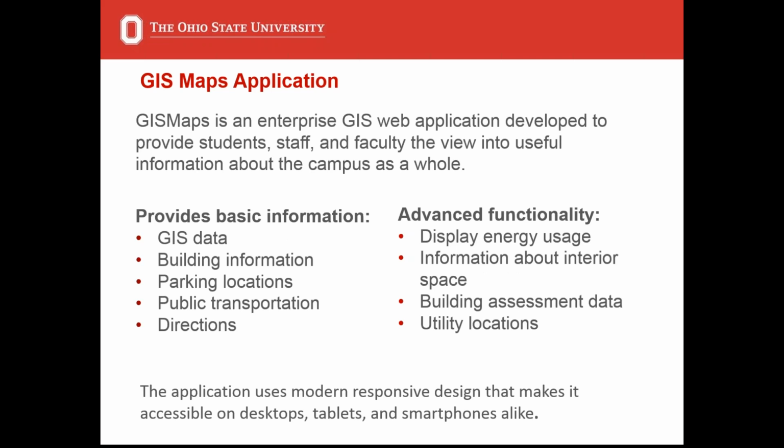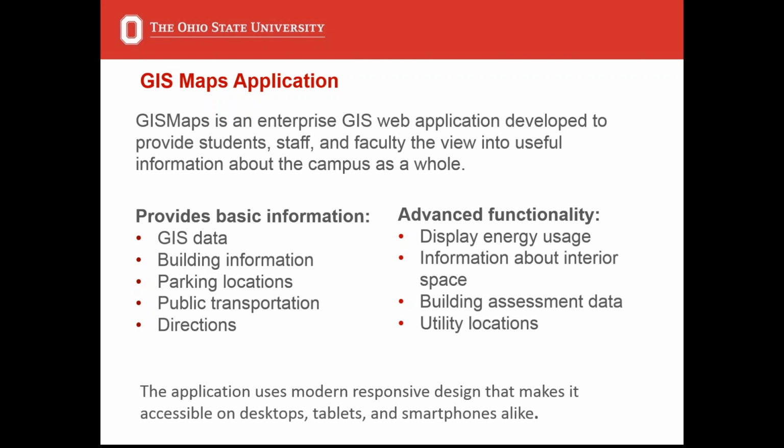Our GIS Maps application really is just a viewer to provide students, faculty, and staff information that they previously didn't have access to, or if they did, they had to contact the individual department and wait for responses. This is really just putting the power of that information in the staff and the faculty's hands to hopefully reduce those data calls that we get a lot of times.